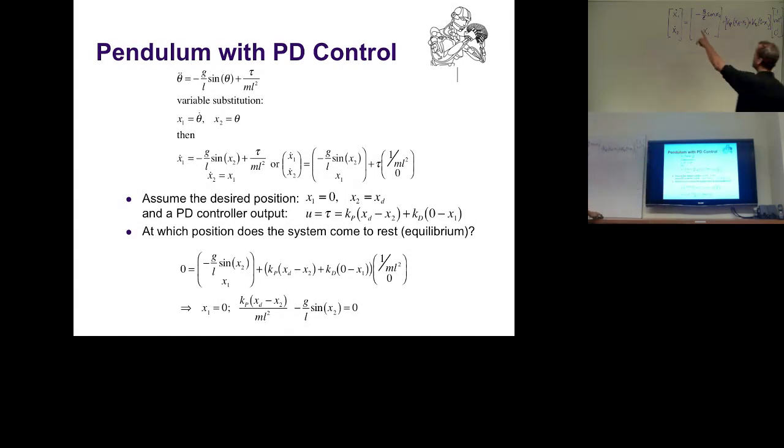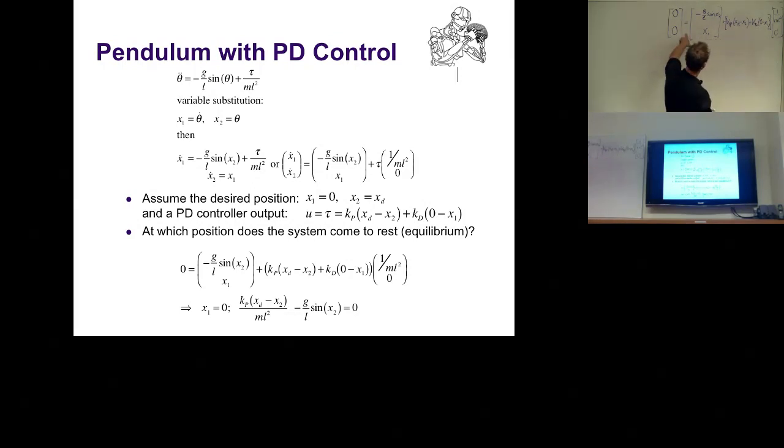So if you go here, that essentially means we assume that x1 dot and x2 dot become 0. And then we see what that means. So let's try this and say this is 0 and this is 0. And let's analyze what that means. Now all we're going to do is essentially we look at the first equation of this and we look at the second equation of this and see what it means.